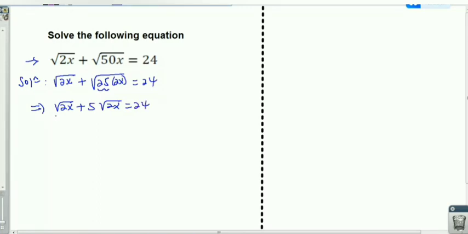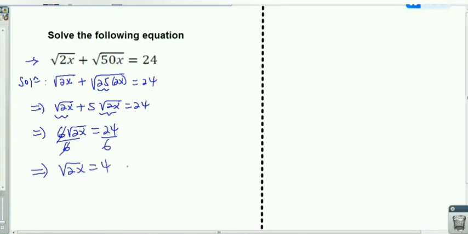Now we have like terms. So radical 2x plus 5 times root 2x is 6 root 2x, which is 24. Now we can divide both sides by 6. Dividing both sides by 6 will give us radical 2x is 4.